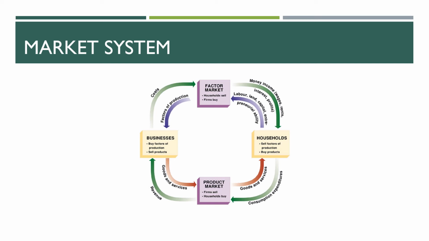Well, we contribute our time and effort, sometimes our capital, our savings, our money, into what we call the factor markets. The factor market is where firms and businesses get the production inputs, or the factors of production, so that they can run the production to create those goods and services for selling in the product markets.